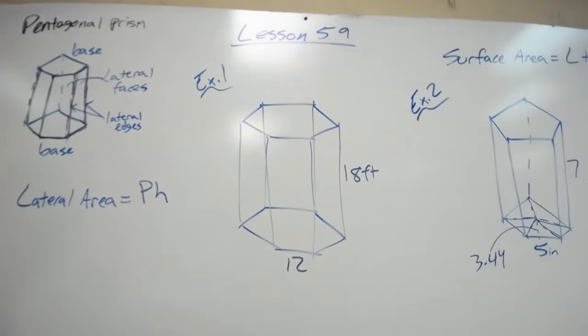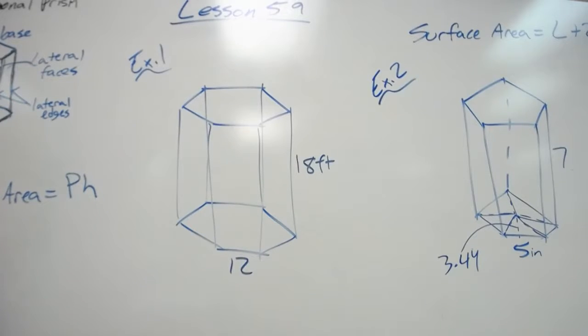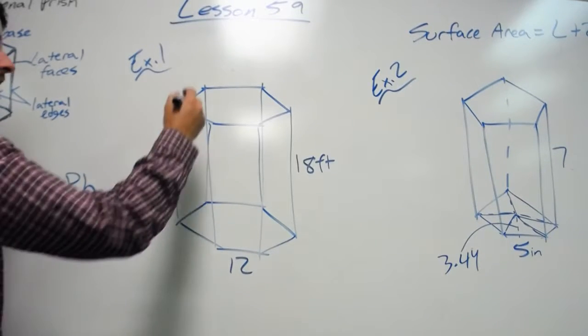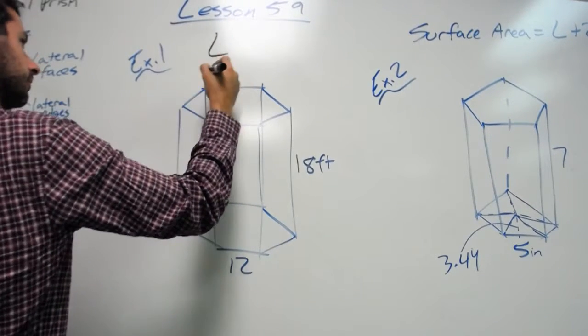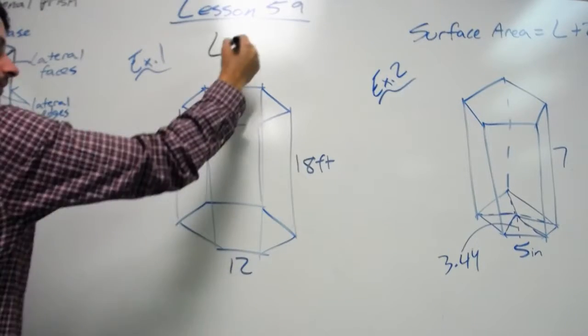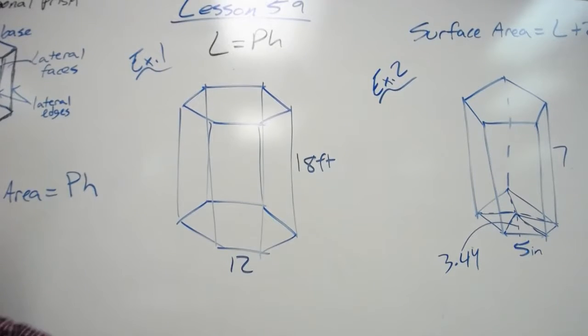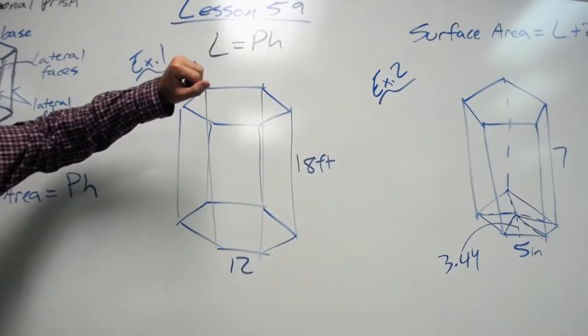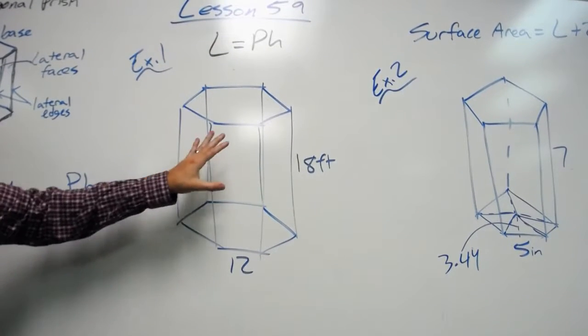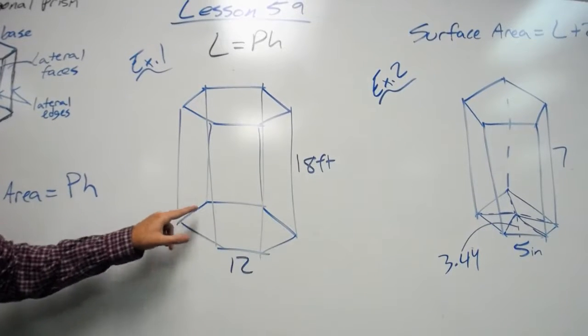So let's look at example 1. It asks us to find the lateral area in example 1. We abbreviate lateral area with the letter L. I'm going to write our formula up here. We need to find 2 things, perimeter and height. Well, this is a hexagon, 1, 2, 3, 4, 5, 6 sides.